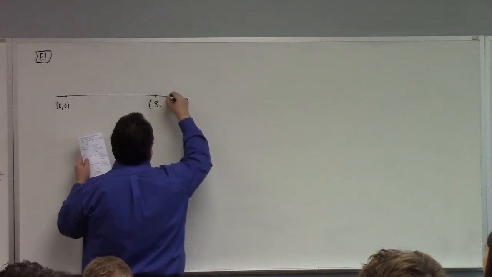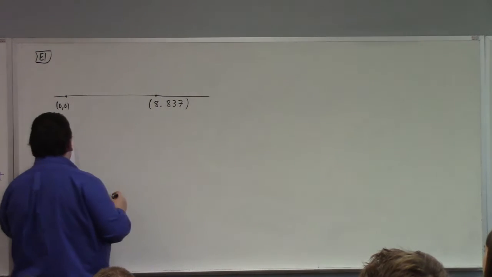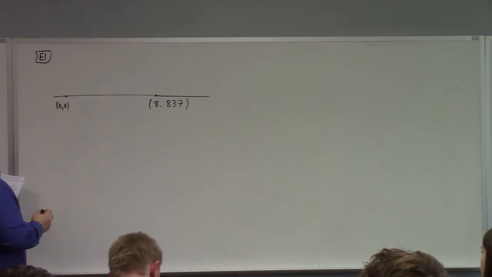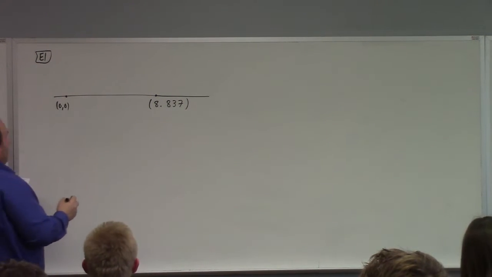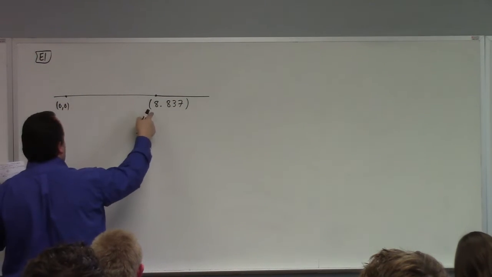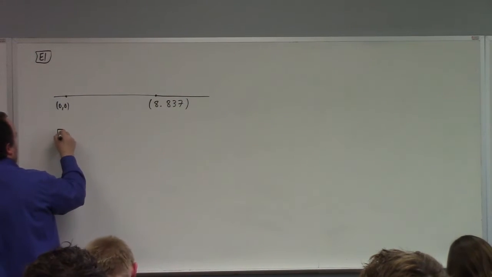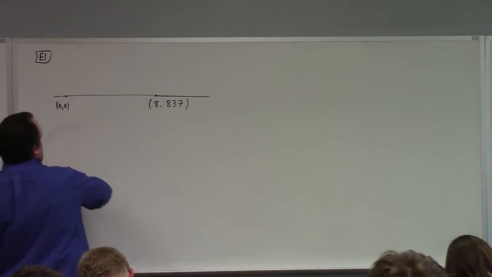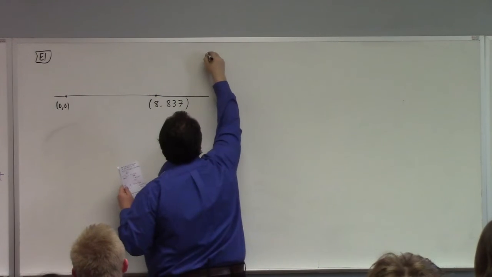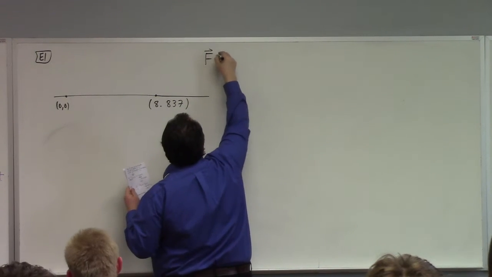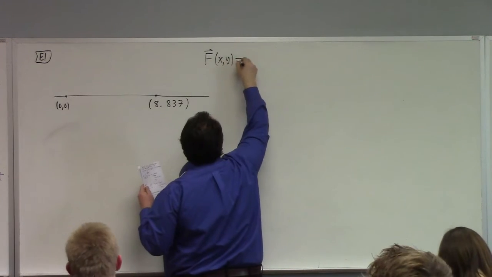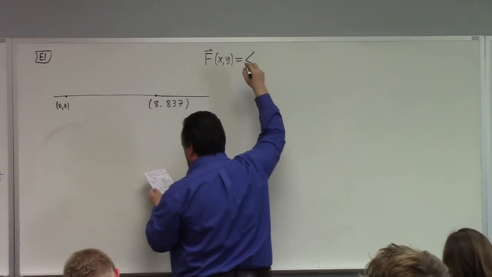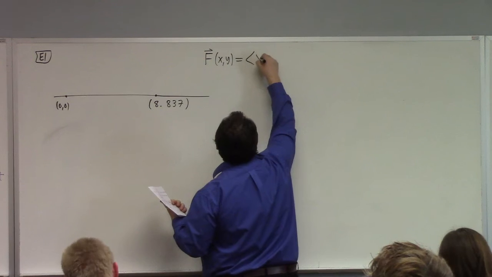I'm going to drop the meters, just to reduce the clutter. I'm going to calculate the work done if we go from here to here for the force, which is a function of x and y. We're going to look at the force x squared y.